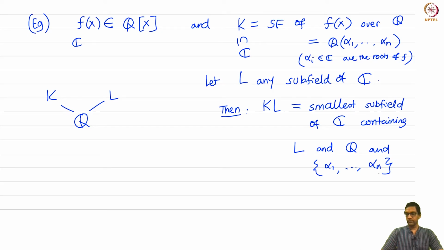Of course any field contains Q necessarily. So this is the smallest subfield of C which contains L and the n roots of this polynomial. Here's the final conclusion: KL is nothing but L adjoined alpha 1, alpha 2, up to alpha n.